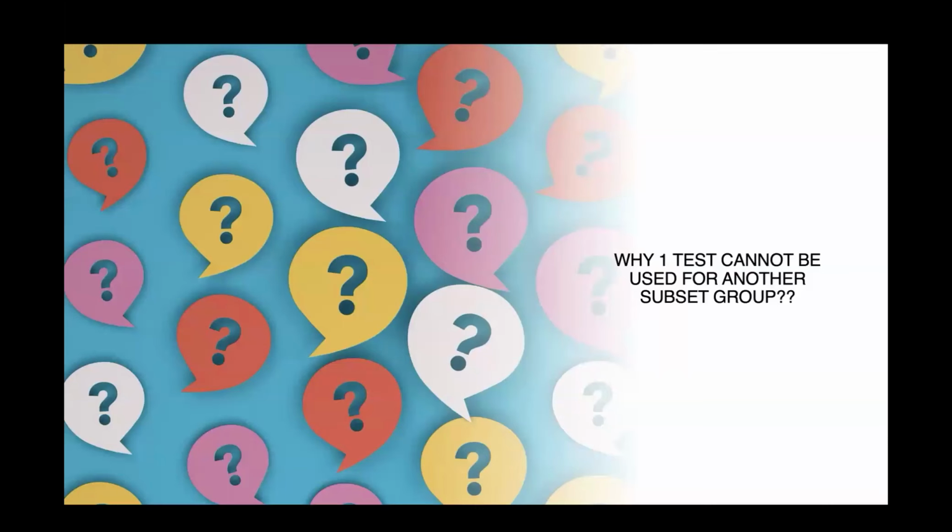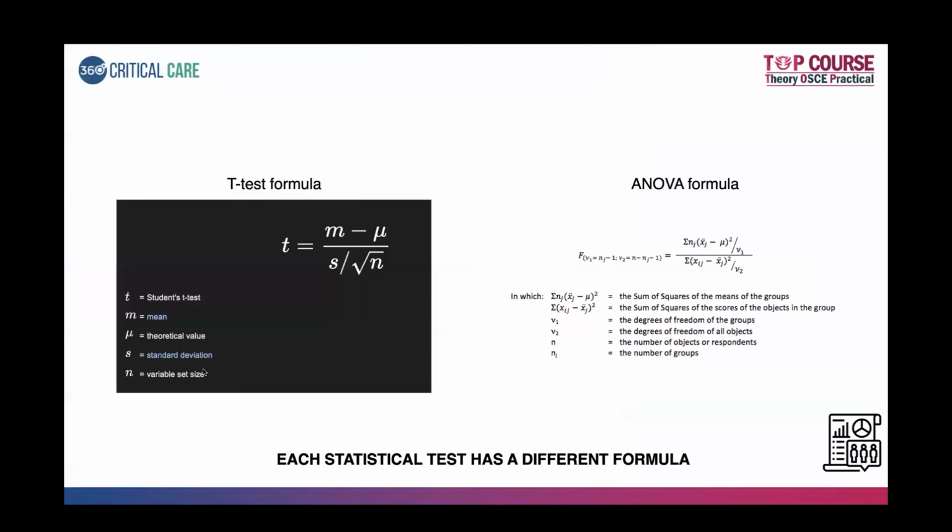But when I looked a little in depth into it, each of these tests has separate formulas, as you can see over here. So if you apply one test for another set of variables, your overall outcome is not going to be accurate, and your statistical testing is not going to be valid.